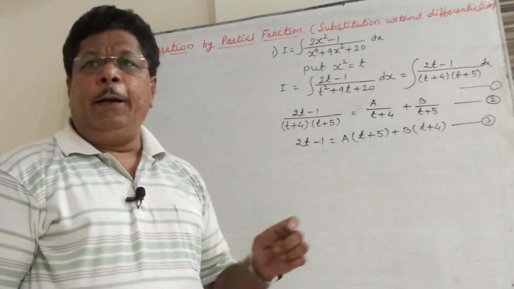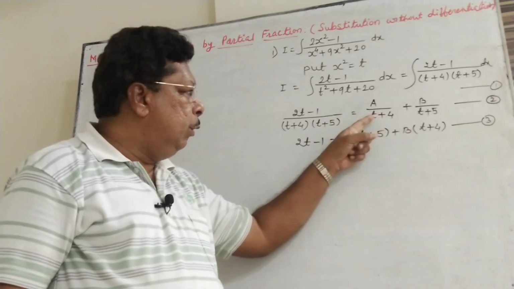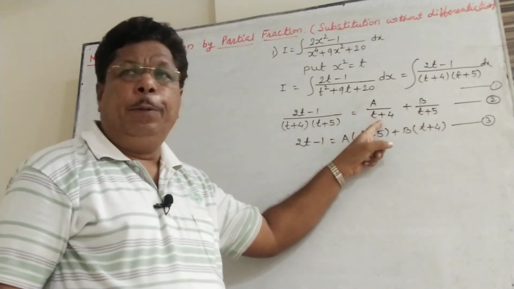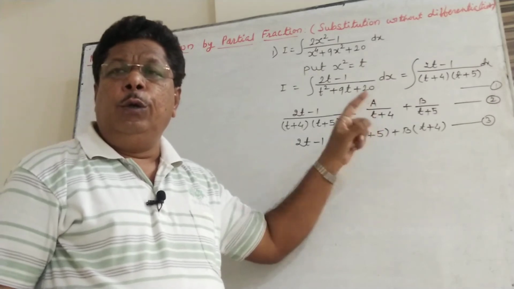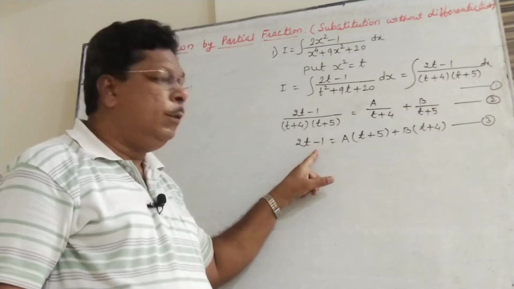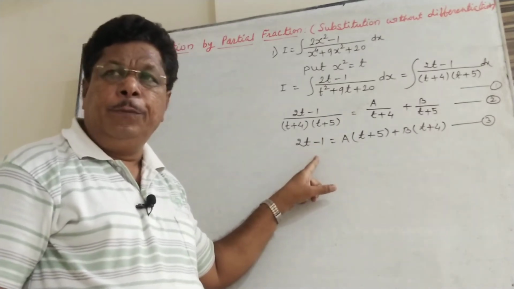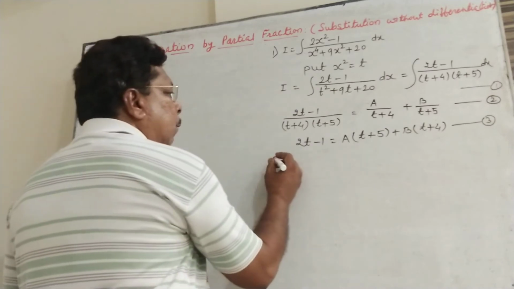Now here we have to find partial fraction constants a and b. Observe equation 2: the denominator of a is t plus 4. Suppose we take t plus 4 equal to 0, we will get t equal to minus 4. Put t equal to minus 4 in equation 3 and you will get the value of a.